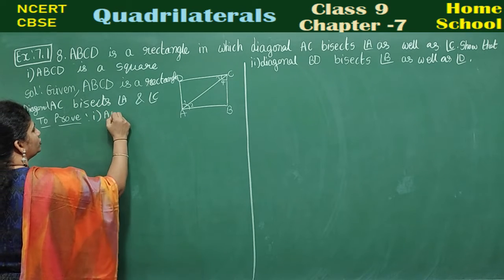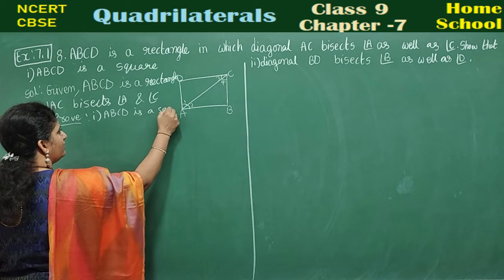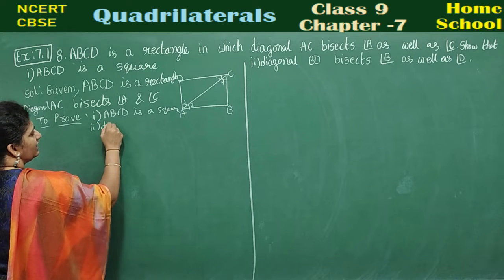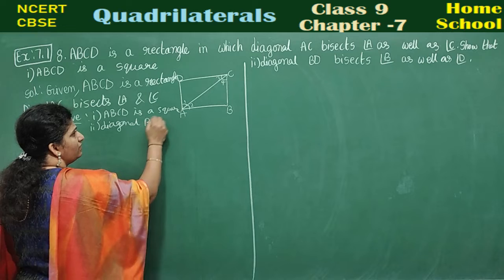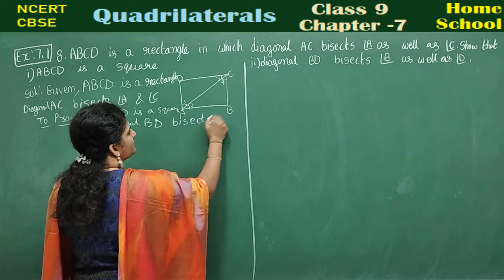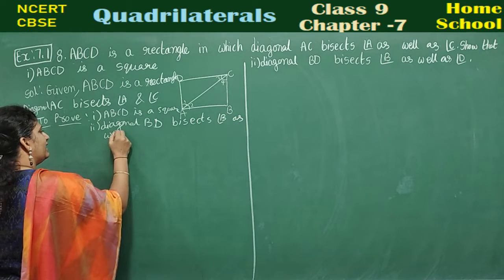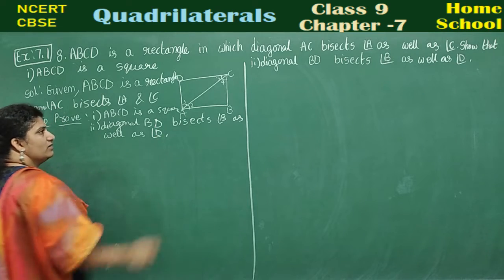First one, to prove ABCD is a square, and your second one, diagonal BD bisects angle B as well as angle D.